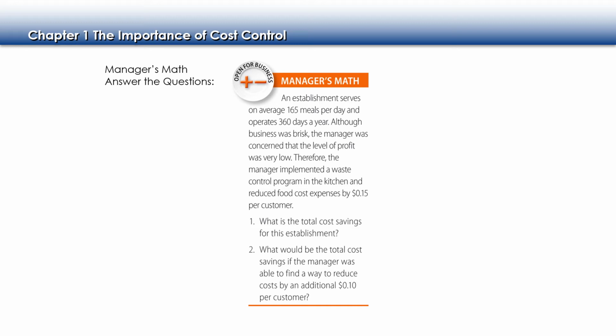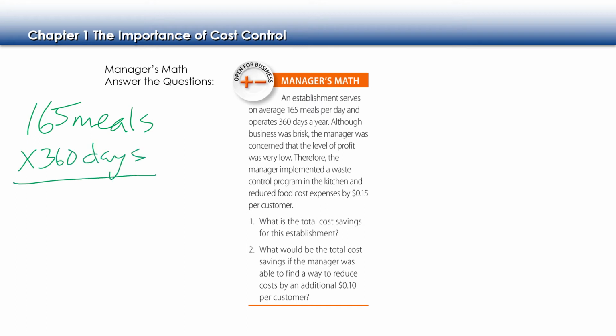And so we take 165 meals, we multiply that by 360 days, and that gives us 59,400 meals that we served throughout the whole year.